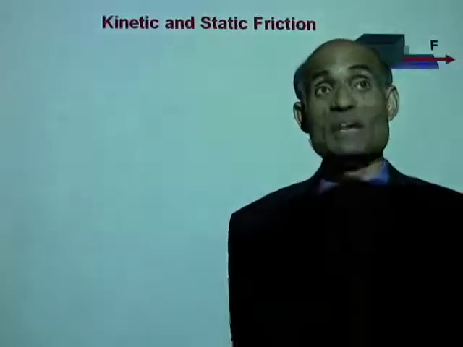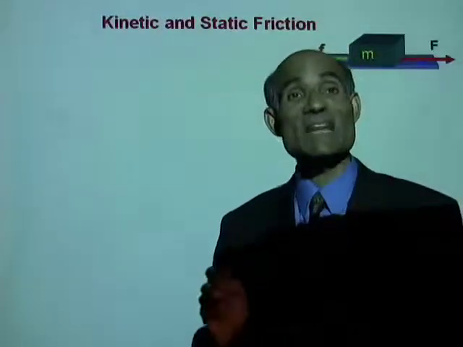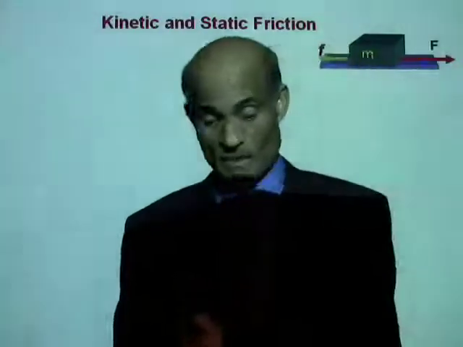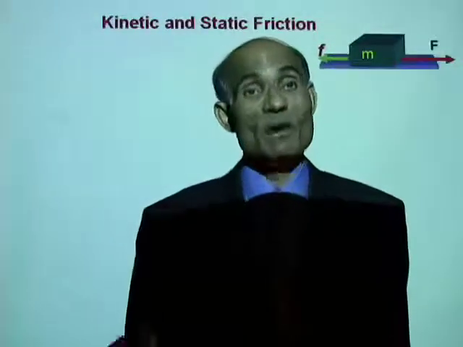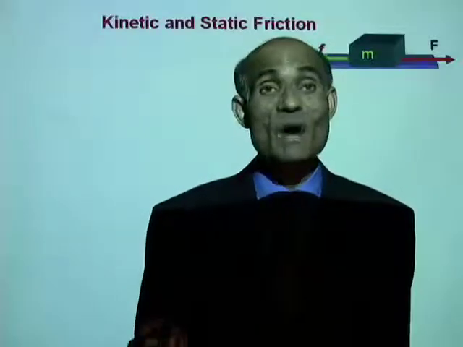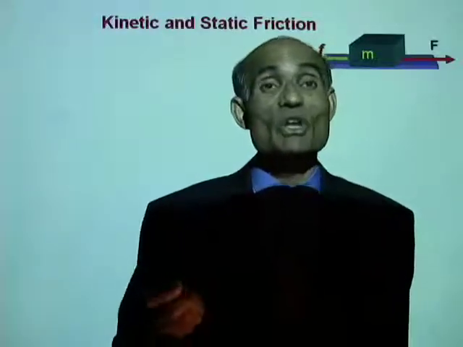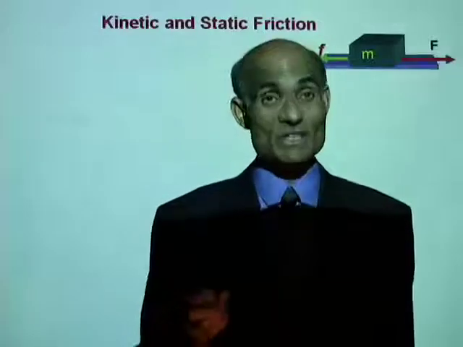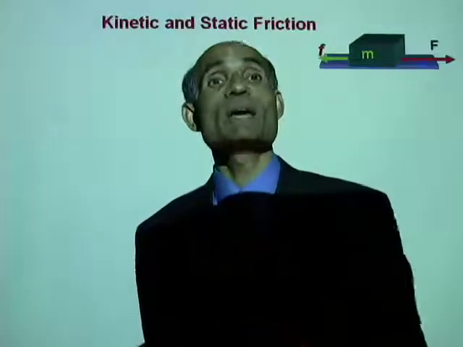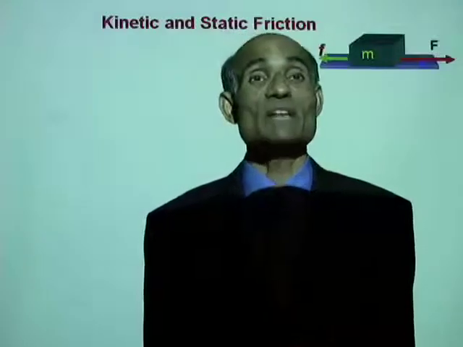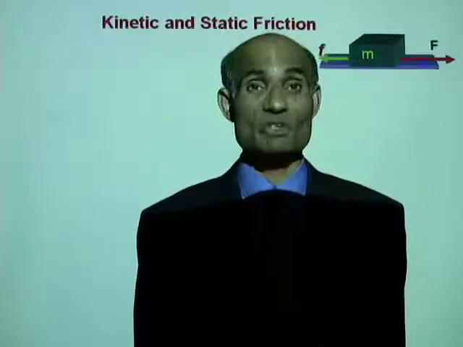Let's now talk about kinetic and static friction. Let me demonstrate that one more time. I'm going to show you how we can measure the coefficient of friction between the two surfaces, and then I will explain the difference between kinetic and static friction.